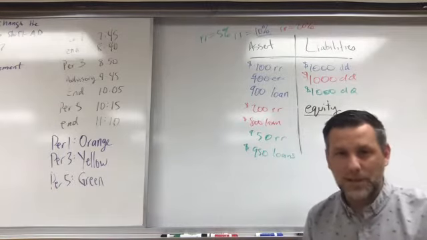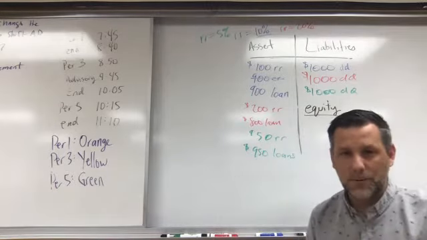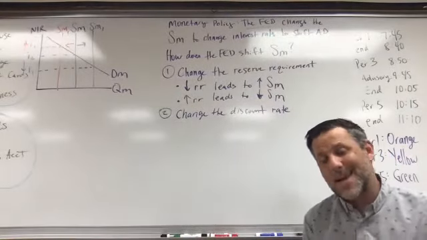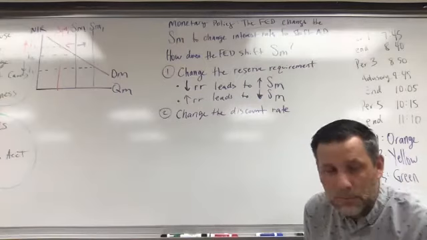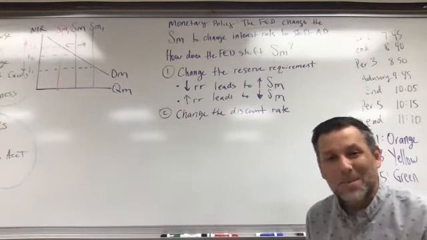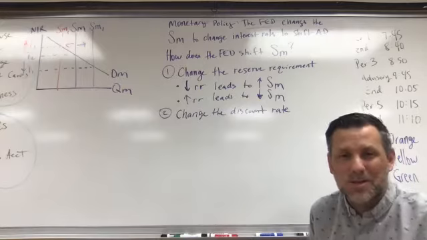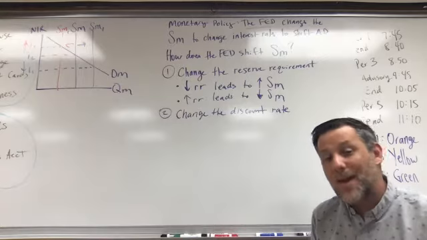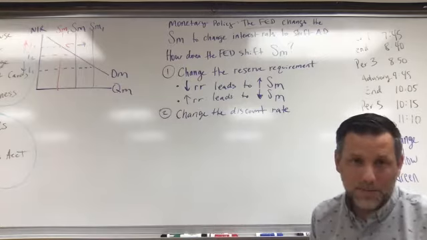So what do they do? That's where the discount rate comes back in. They can go to the Fed and say, hey, we're a little bit short. We don't have our 10% required reserves. We need to borrow $10 million so that we're at the 10% for our required reserves. And then the Fed can lend them that money.